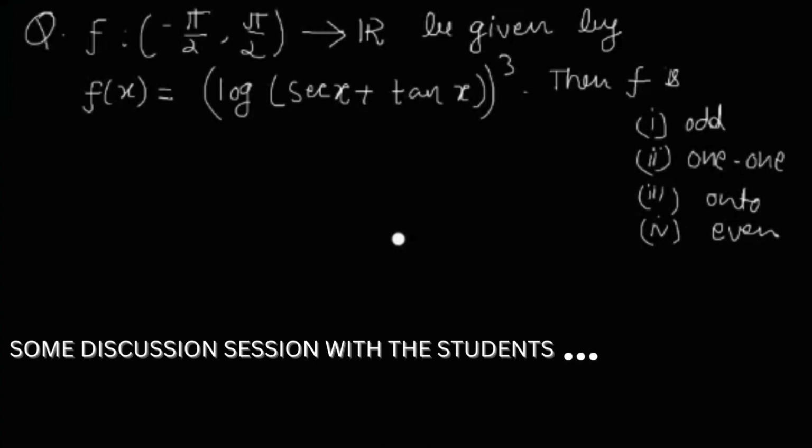Inside the log, at least we know that cos x equals cos of minus x, and sin of minus x equals minus sin x. So does that imply directly that f of x is odd, or do we have to break down the steps a little bit more? It does not show that f of x is odd.